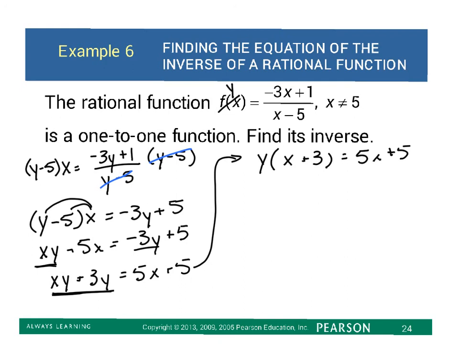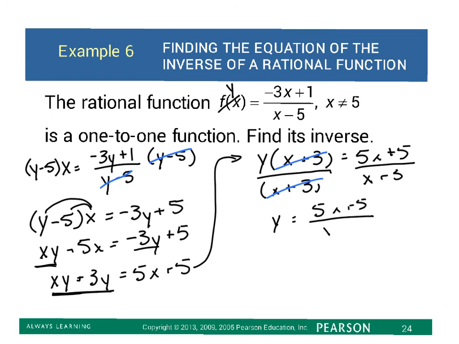And now what we can do, to get y by itself, is divide both sides by the x plus 3. So that cancels out from this side of the equation, and we are left with y equals the 5x plus 5 over x plus 3.